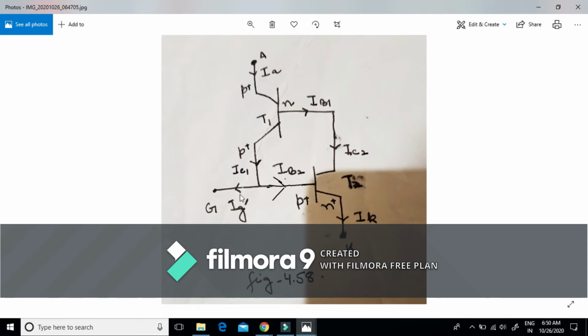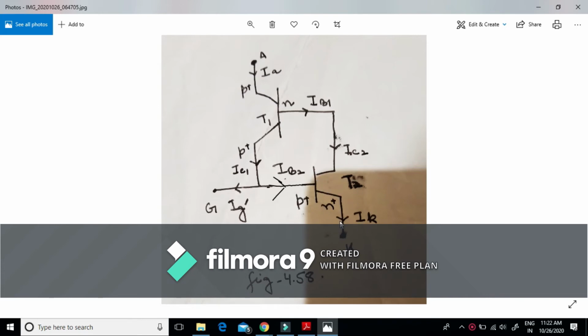Since we are applying negative gate current, or negative gate cathode voltage, I am showing here IG dash, which is not inwards but outwards.